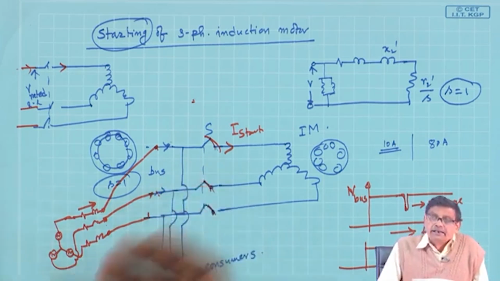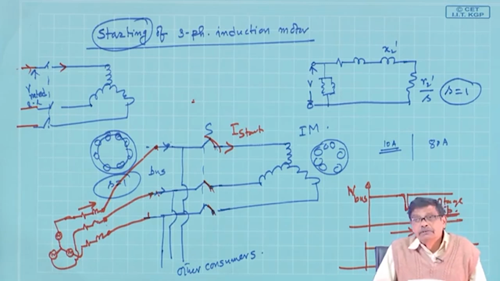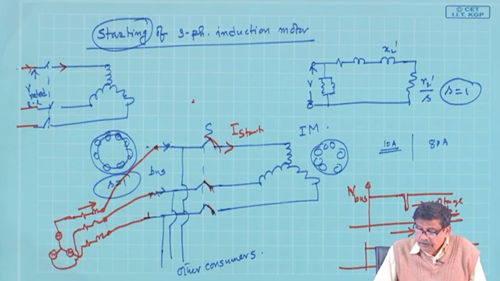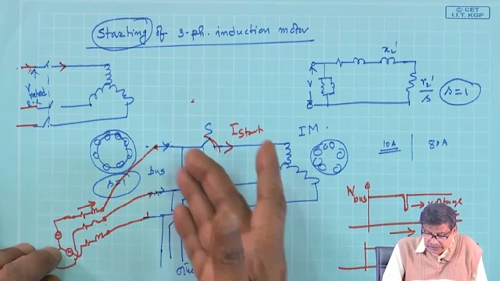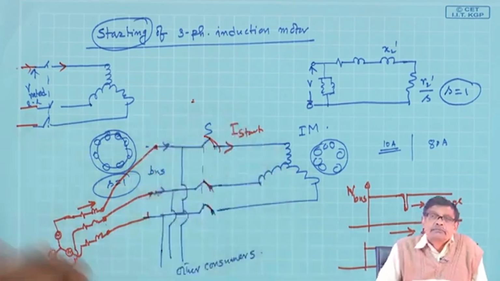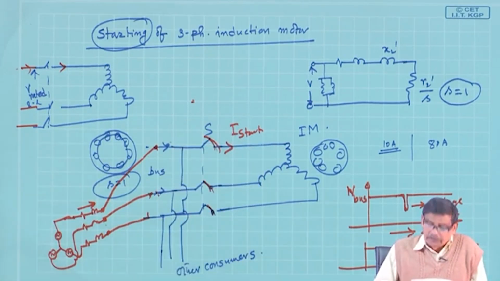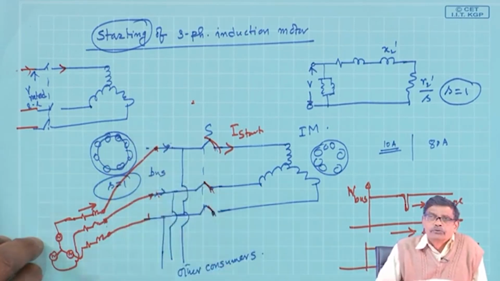Then you really cannot afford to do this, because then you have to take permission from the supply authority. If you have a large induction motor which is to be started at regular intervals of time, then you have to adopt some other means, so that such a nuisance does not prevail at the terminals of the supply end. So, that is called a voltage dip, and another thing is the motor thing.